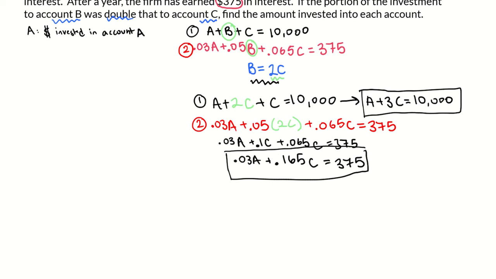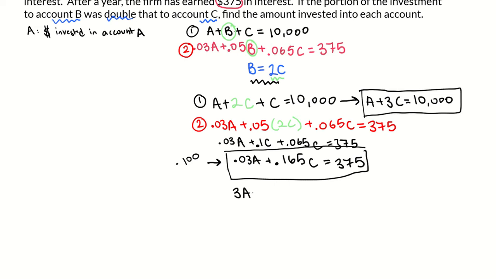A lot of people don't like working with decimals or fractions. It's perfectly okay to do that. But it might make this equation easier to work with if we were to multiply out the decimals. So for example, we could multiply this equation by 100. That won't completely multiply out the decimals, but might make things a little bit easier.